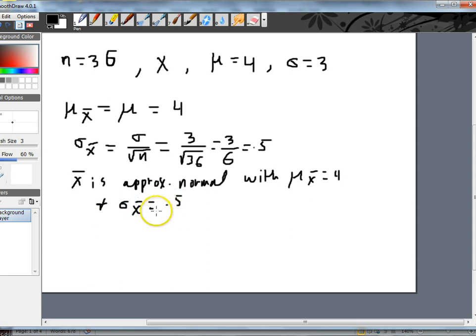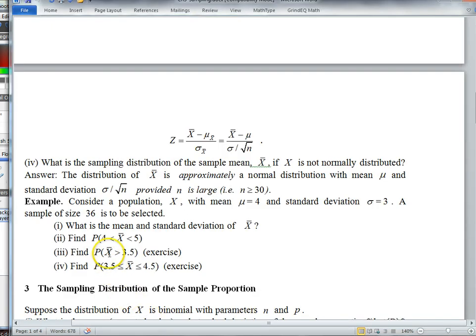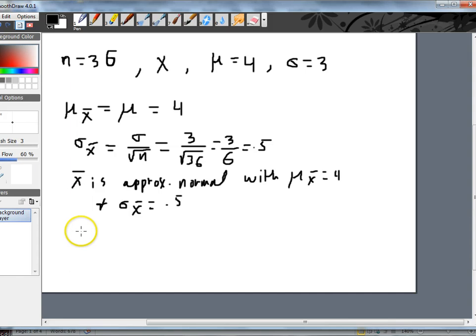Okay, the second question we have is, what's the probability x bar is between 4 and 5? So I want now the probability of x bar between 4 and 5. I know x bar is normal, so I can take the z-scores of 4 and 5.